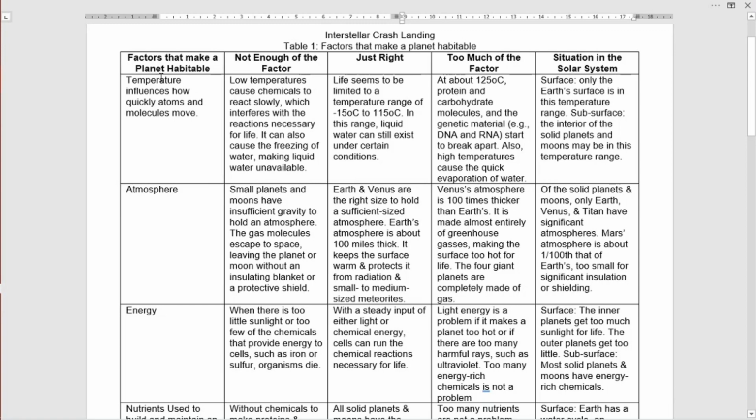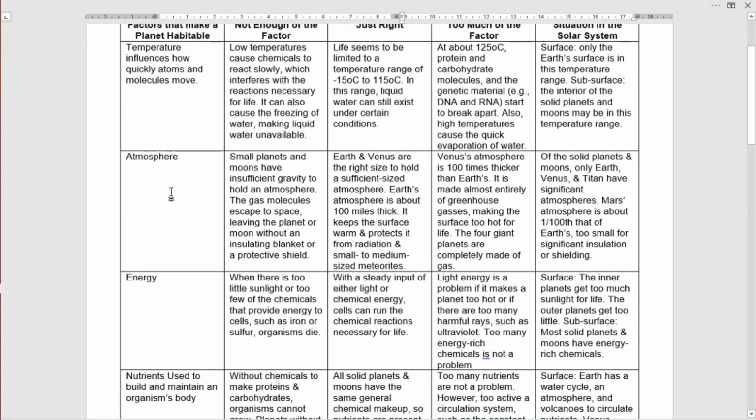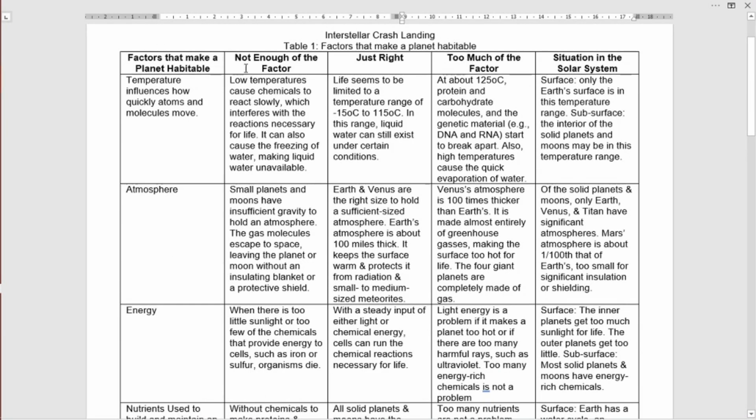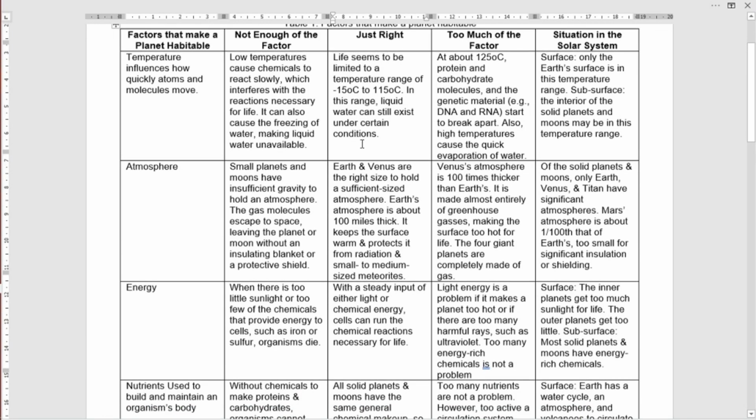The factors here are temperature, atmosphere, energy, and nutrients. And the criteria: not enough of the factor, just right, too much of the factor, and the situation in the solar system.